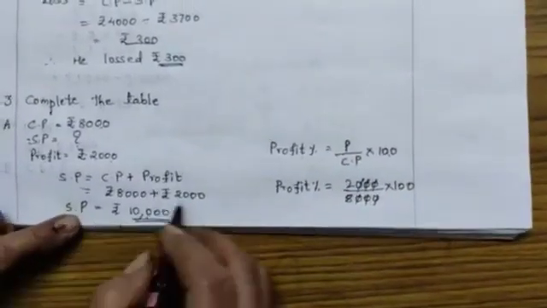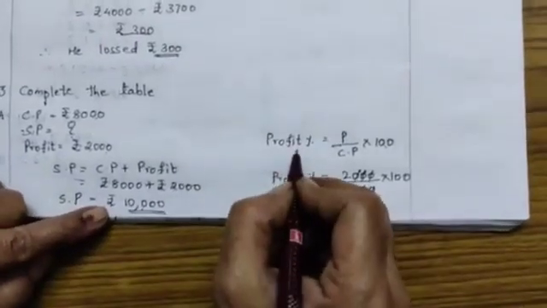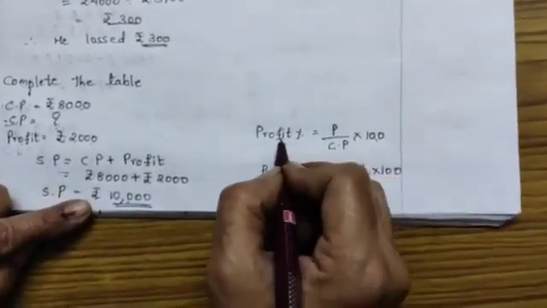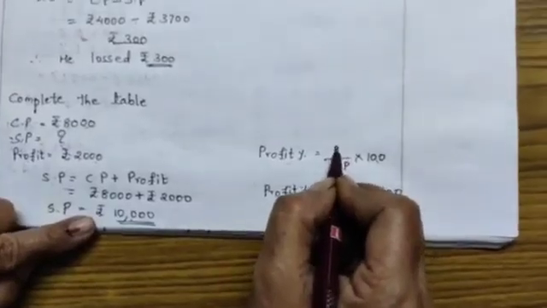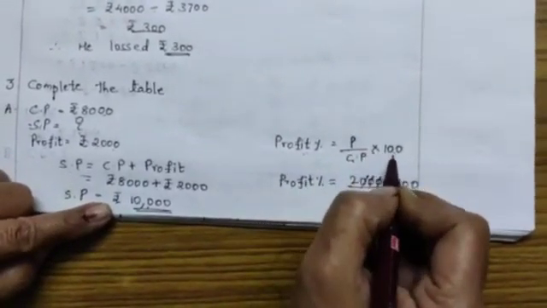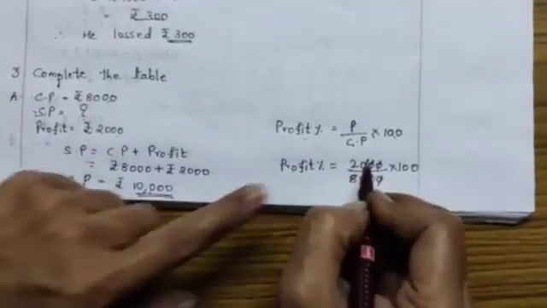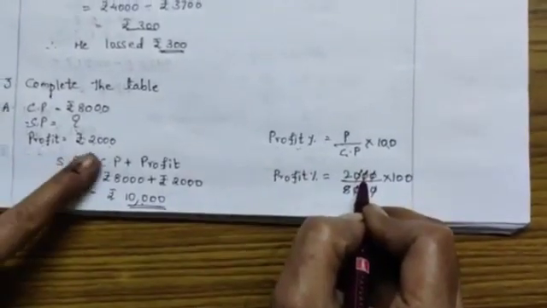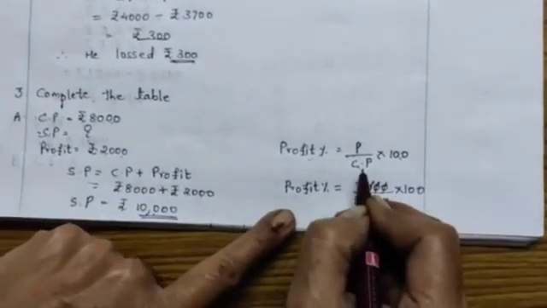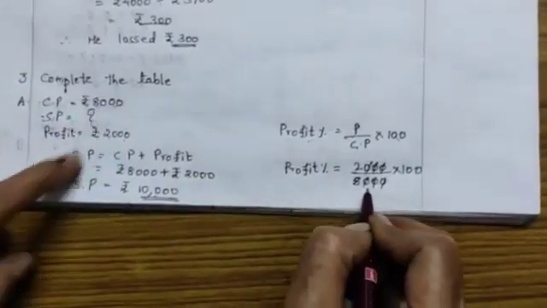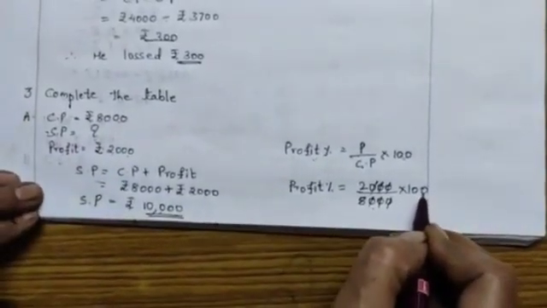Now here we are finding profit. So profit percentage is equal to profit divided by CP into 100. Profit is 2000. Cost price is 8000, into 100.